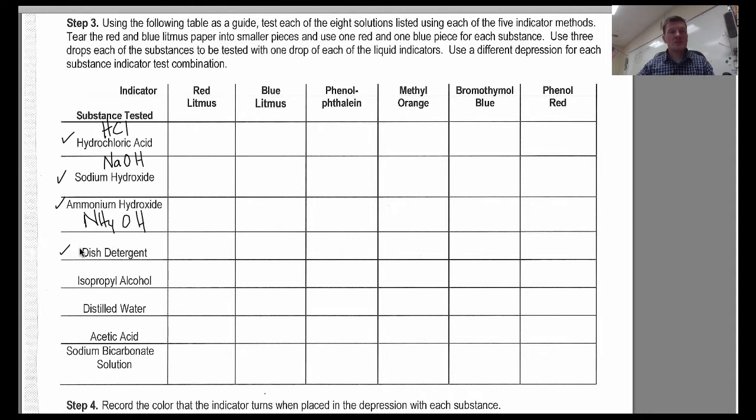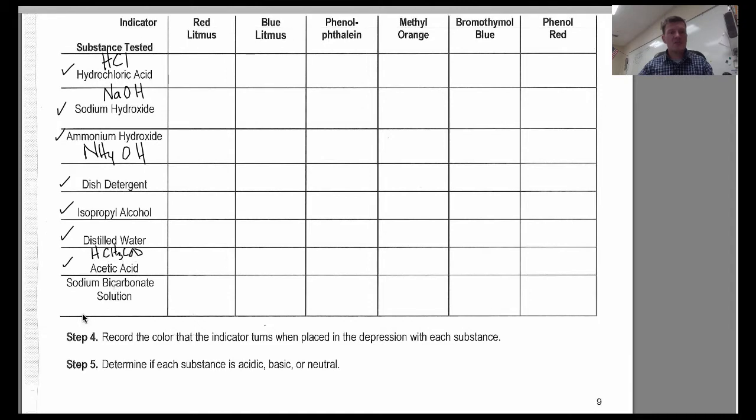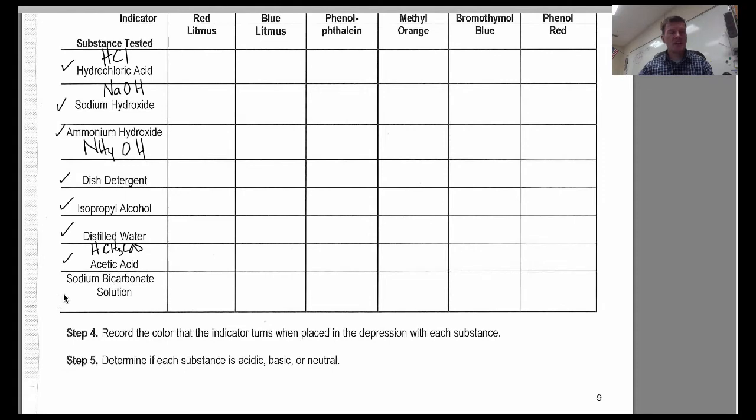And then some dish detergent, some isopropyl alcohol, some plain distilled water, pure water, acetic acid, that's another type of acid. The formula for that is HCH3COO, I believe. And then sodium bicarbonate, the formula for that is NaHCO3. Okay?